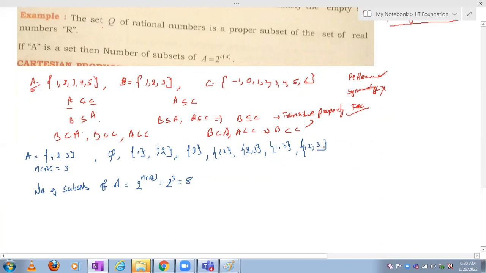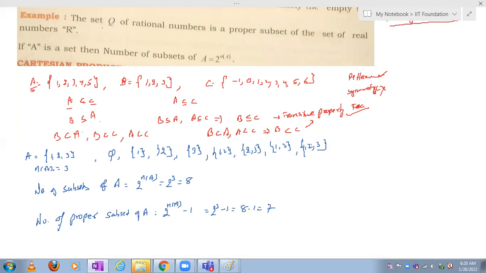Proper subset means 1, 2, 3 we have to eliminate the set itself. Number of proper subsets of A means 2 to the power of n of A minus 1. Means 2 to the power of 3 minus 1. 8 minus 1, you will get 7. Got it? Proper subsets.